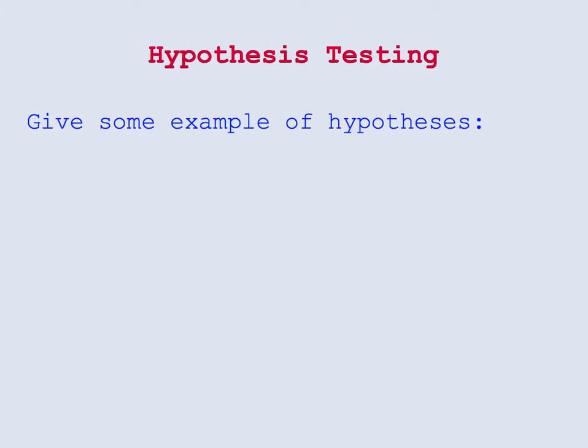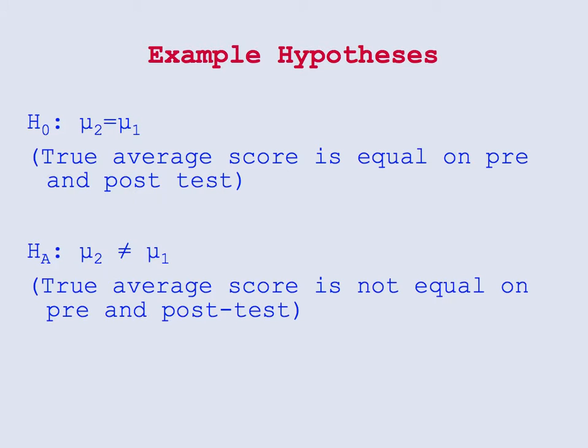And here I just want to give a few examples of suitable hypotheses. So here we might be looking at a test where we're comparing the average score on a pre and a post test. And our hypothesis would be that the average score is equal on the pre and post test. And our alternative hypothesis would be that the true average score is not equal on the pre and post test.